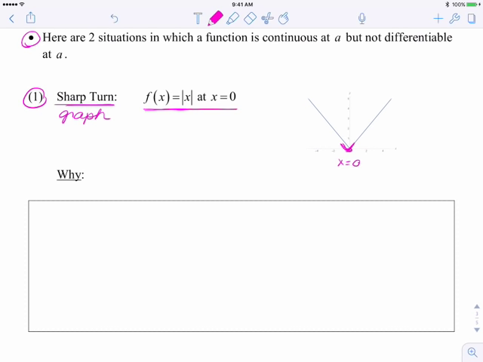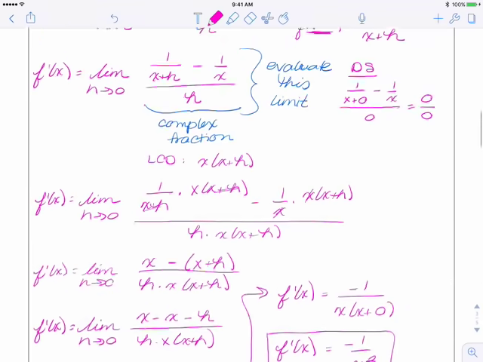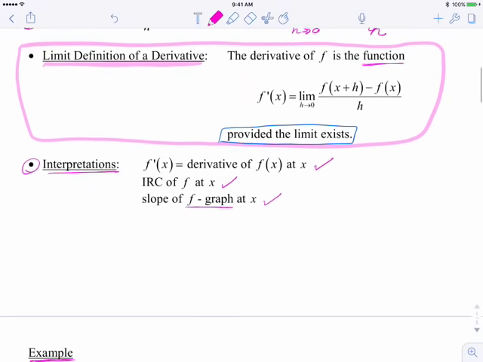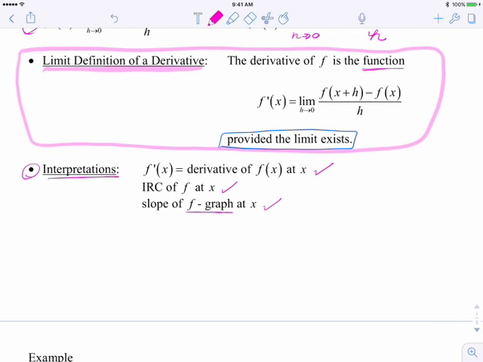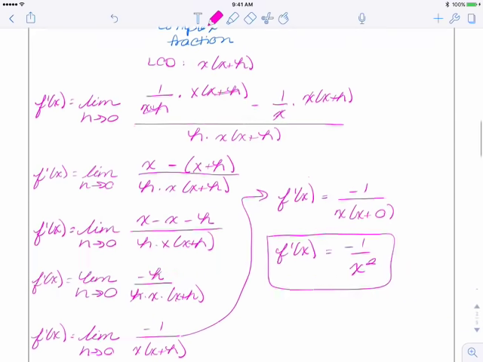And you could go through the continuity test to establish that the function's behavior close to 0 is the same number as the function's behavior at 0. But the question is, why isn't this function differentiable at 0? And again, it boils down to the fact that a limit will only exist, the derivative will only exist if the limit that it's defined as exists.